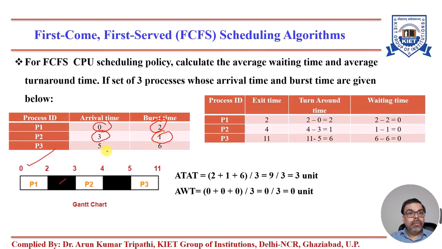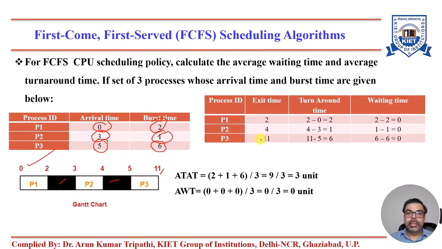Now the next process arrives at 5, so there is another gap of 1 unit of time, and then it will execute for 6 units of time. So P3 completes at 11 units of time.